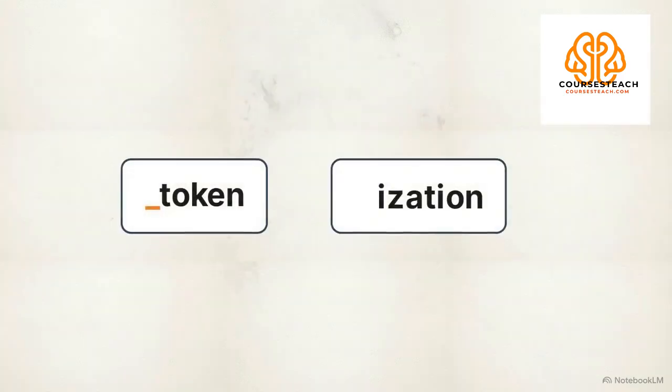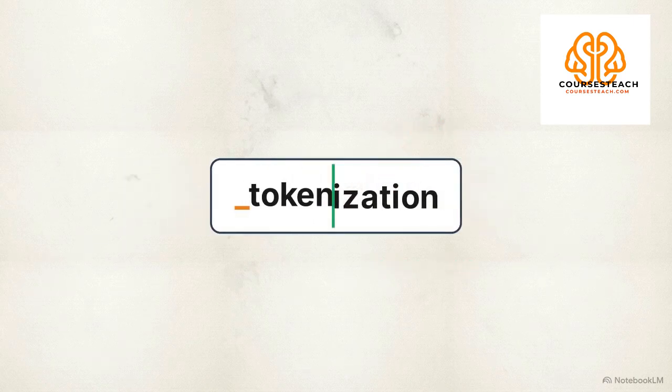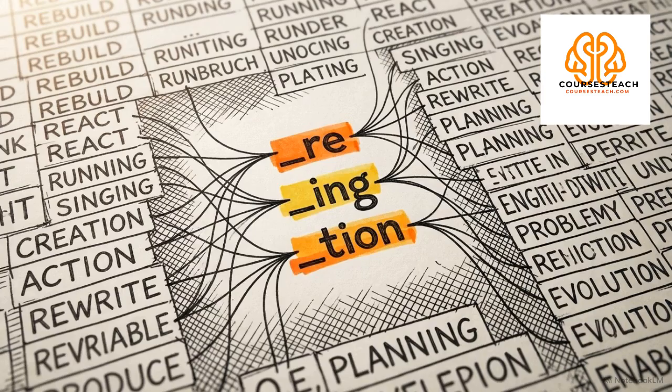Conversely, the fragment ization appears completely bare. The lack of a prefix instructs the model that this token must be glued directly onto the preceding subword without a space. By recycling these structural fragments across the entire corpus, models can process a virtually infinite variety of language while keeping their internal vocabulary strictly finite.